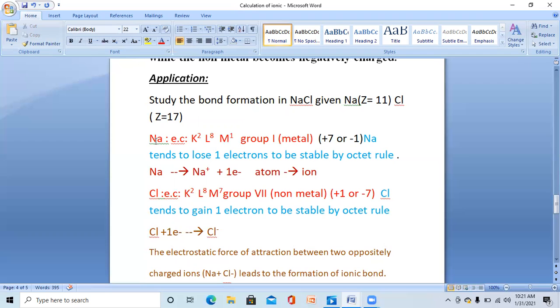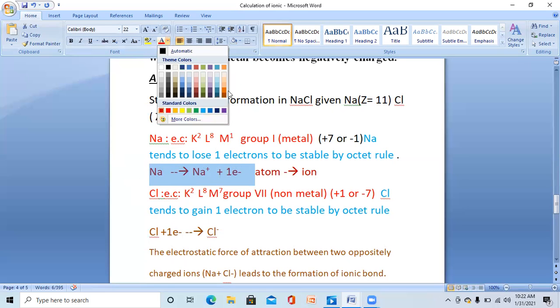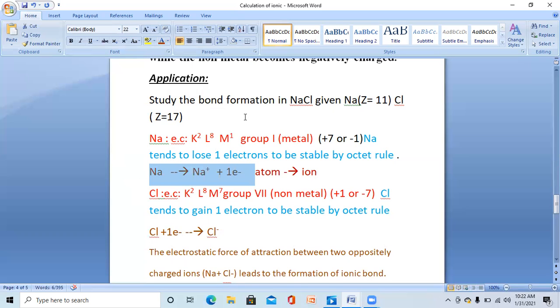First step, I wrote them here in red color, for sodium and for Cl. I will change the color here so you can distinguish. So first step, we write the electron configuration for sodium atom.